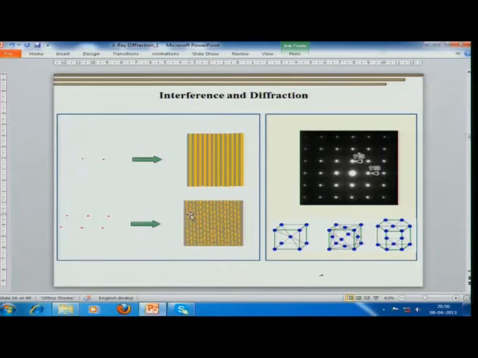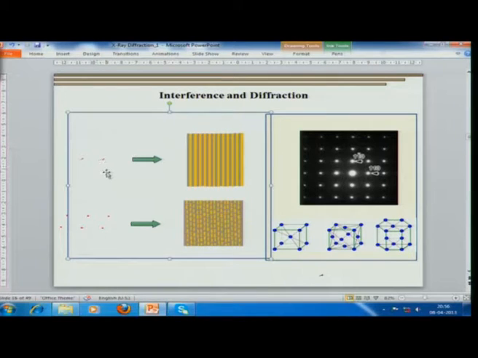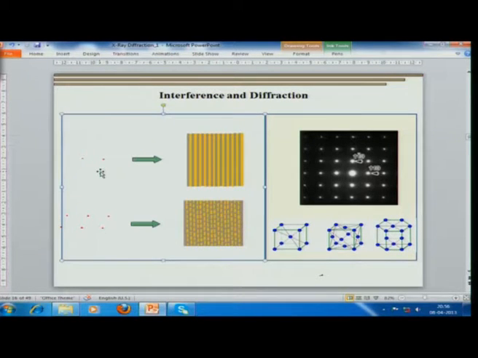Just to give an understanding of interference and diffraction, I have shown how we can get an interference pattern from two slits, as observed in the figure above.